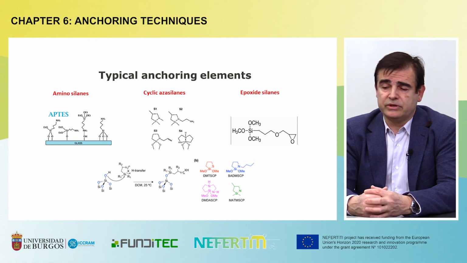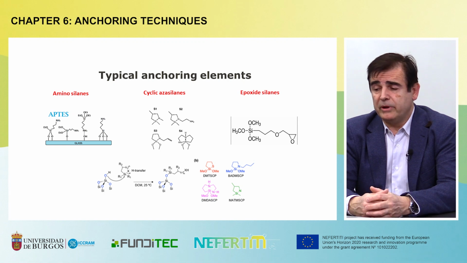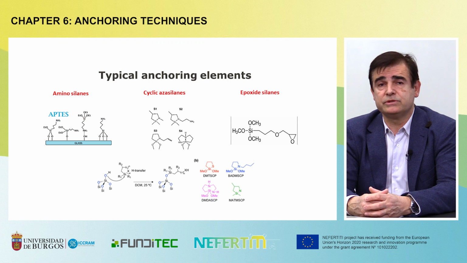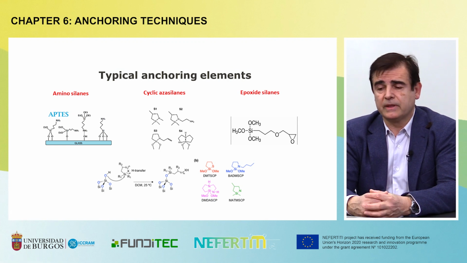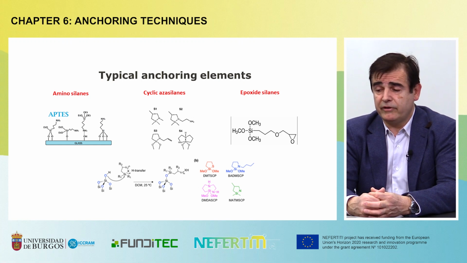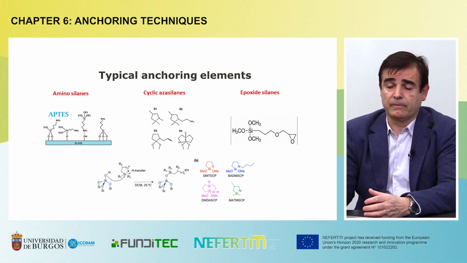Of special mention is the use of cyclic azasilanes, which by ring opening and hydrolysis provide strong, durable anchors, and most importantly, with optical characteristics. They provide highly transparent interlayers without causing interference into the passage of light, which makes them very useful in the deposition of catalysts that work in photocatalytic processes.